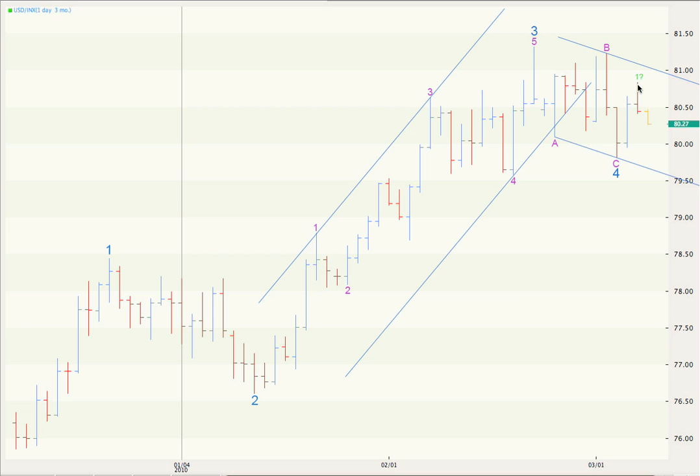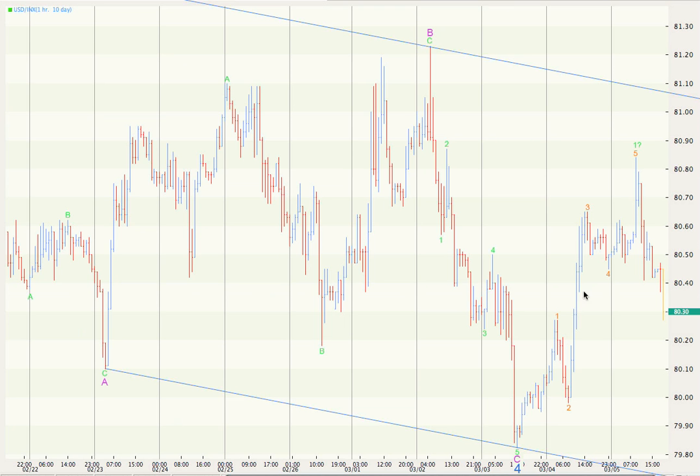So taking you now to an hourly chart to have a closer look at the breakdown of this structure, where this pink C and blue 4 is down the bottom here. And here's our parallel trend lines from A to C, a parallel copy up on B here, and this movement is very nicely contained within here.